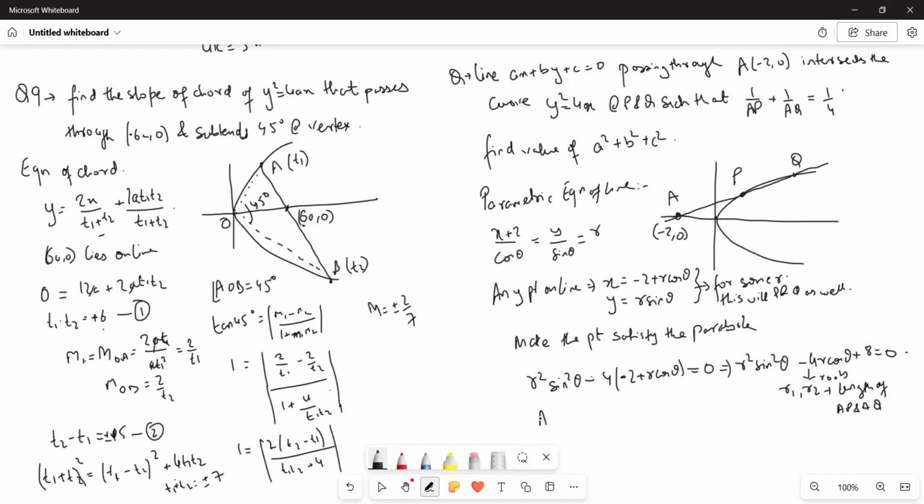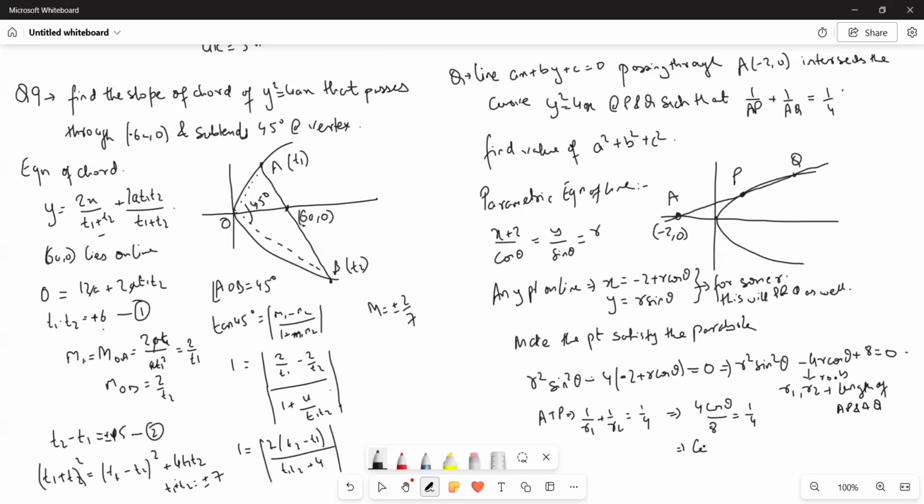Now, according to the problem, 1 by r1 plus 1 by r2 is equal to 1 by 4. How do you find 1 by r1 plus 1 by r2? It is (r1 plus r2) by r1 r2, so minus b by a over c by a, which becomes minus b by c. So minus b is 4 cos theta by 8 is equal to 1 by 4.